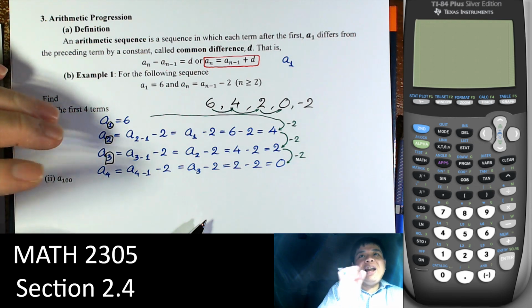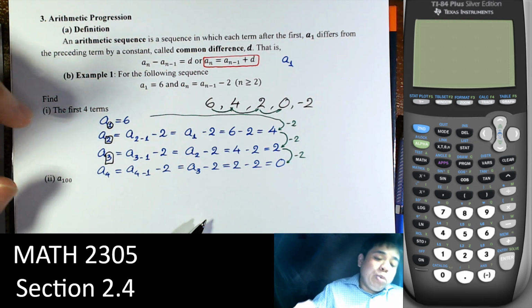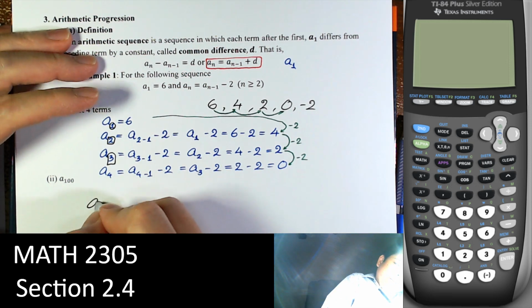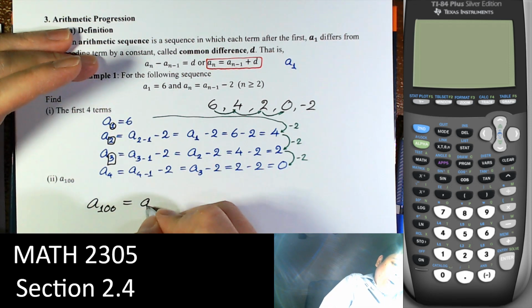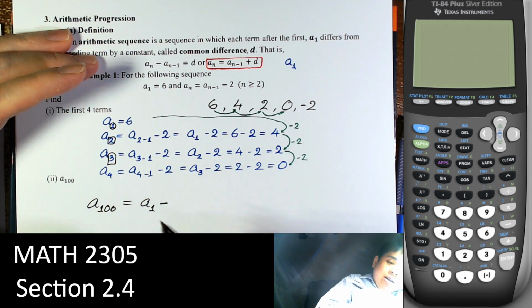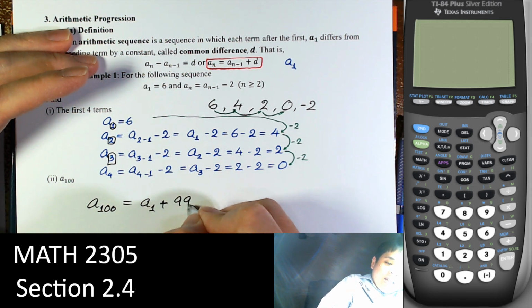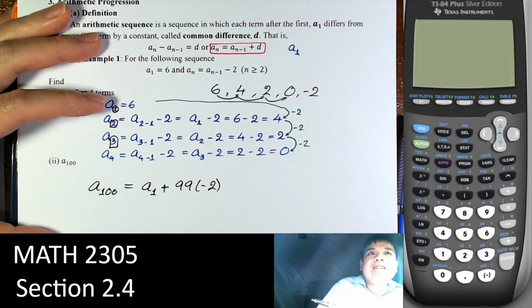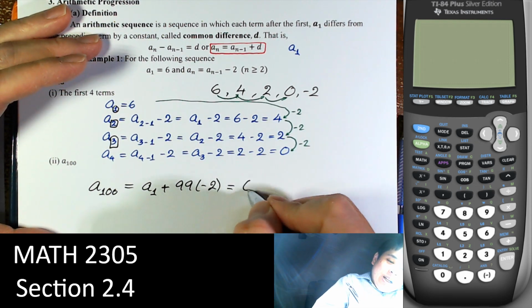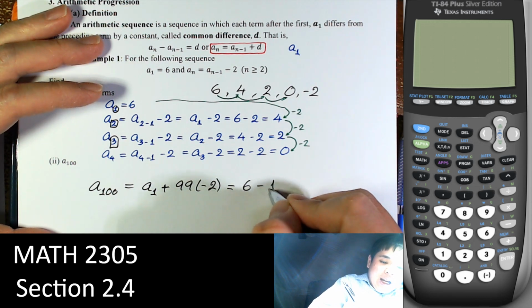It's always 1 less than that, right? So because of that, A of 100 is equal to A1, and we take 99 steps, and each step is a minus 2. So we start from 6 minus 198.